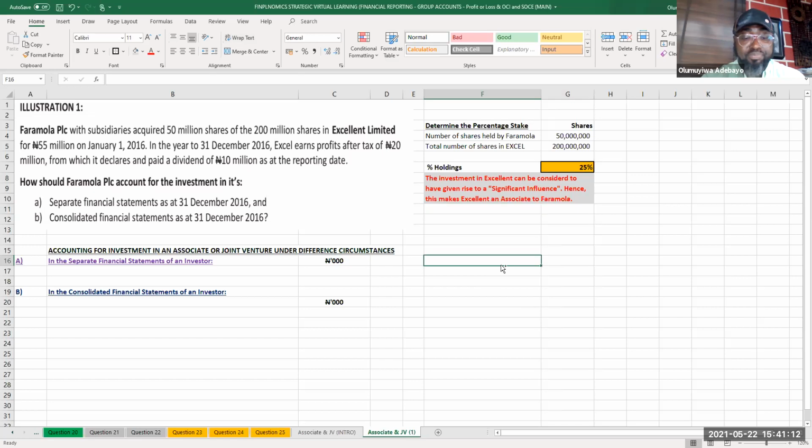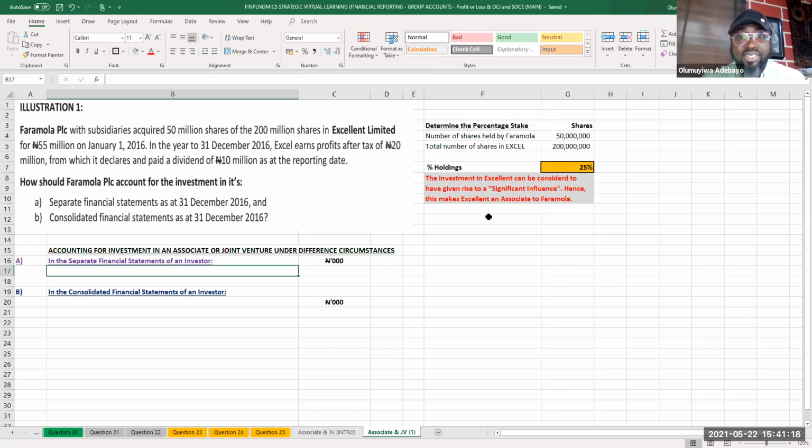Okay. In that case, how do you account for investment in associates in the separate financial statement based on available information? Who will answer? Yeah, I said something the other time.